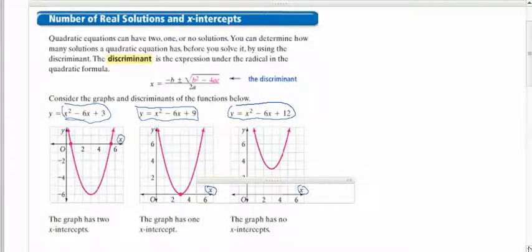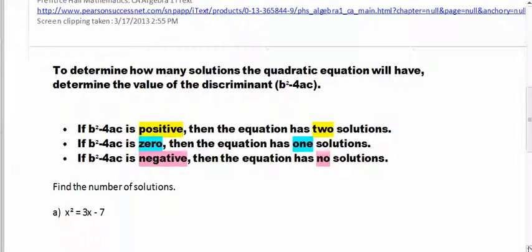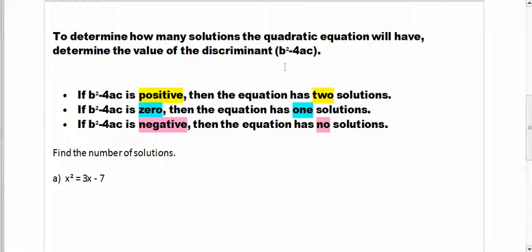When you don't have any graphs, this is what we need to do. It says to determine how many solutions the quadratic equation will have, determine the value of the discriminant. And again, the discriminant is b squared minus 4ac. Whatever your b squared minus 4ac is, you do the math.